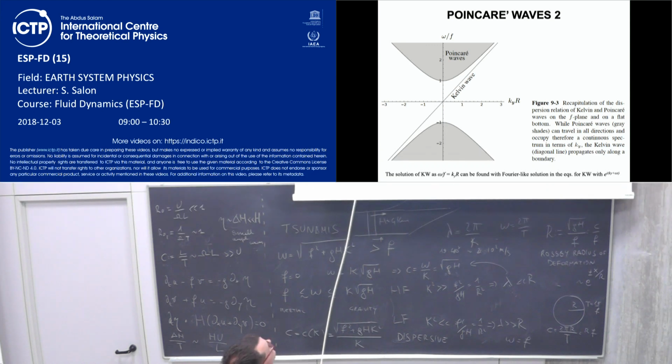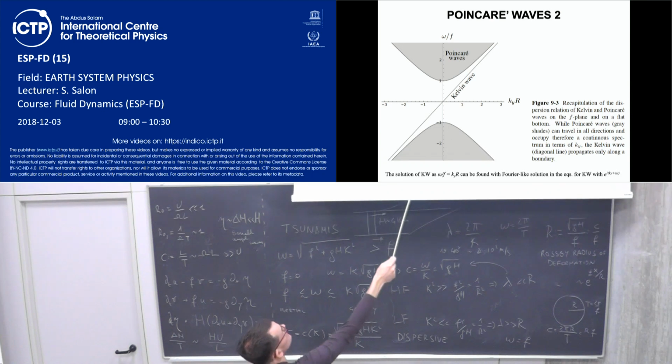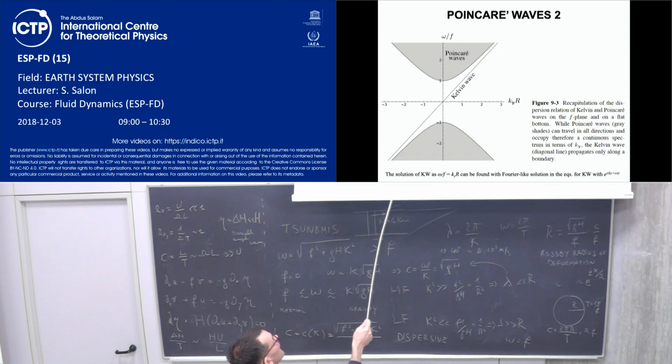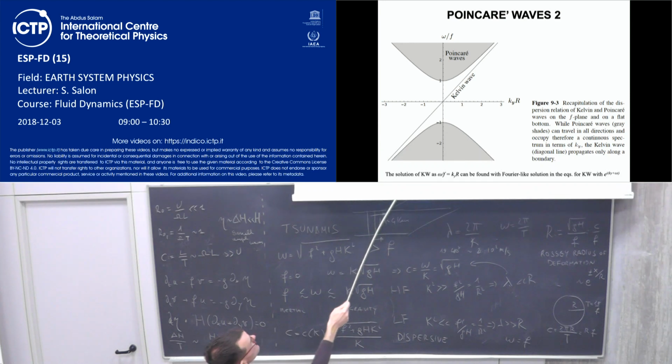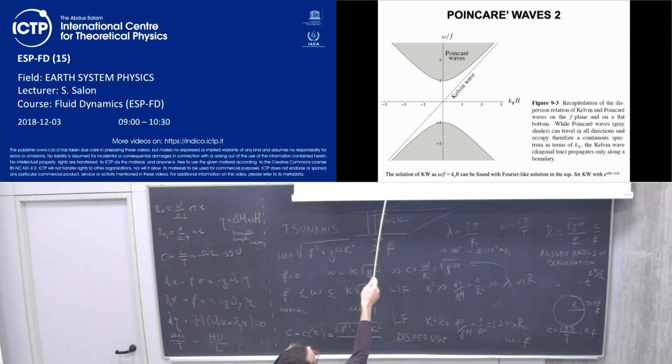What you have is that the Kelvin wave has a constant coefficient between omega over f and k_y, because we can apply the Fourier-like solution also to the equation that describes the Kelvin wave, and we obtain this expression here.